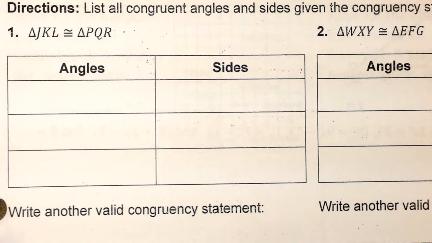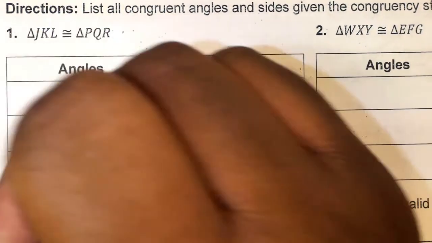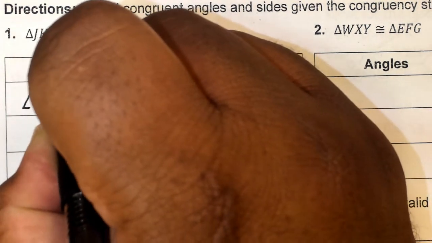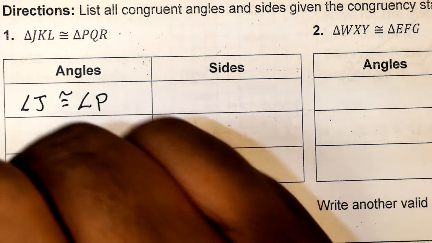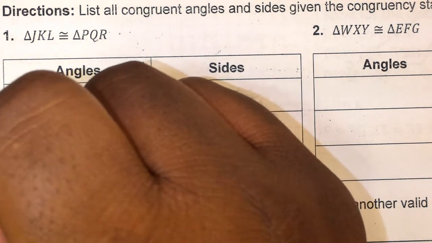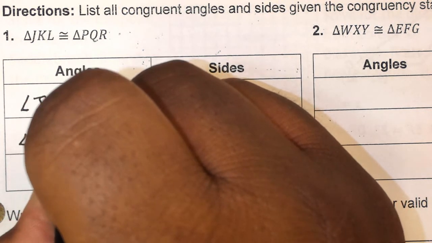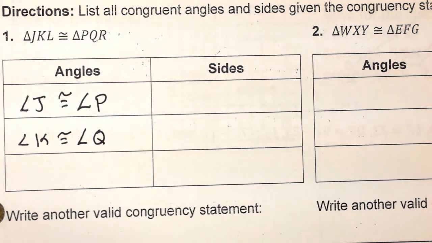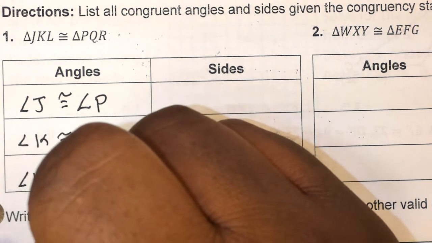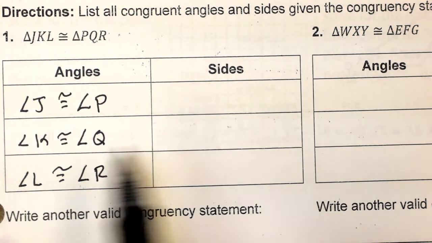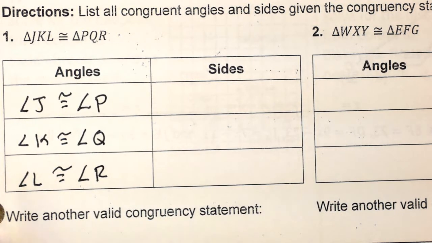So for example, starting out with my angles, just looking at this congruency statement, I know angle J is congruent to angle P. I know that angle K is congruent to angle Q. I know angle L is congruent to angle R. I know that just from looking at this statement. All I'm doing is matching up letters. Don't overcomplicate this, kids. You're going to hurt your head if you do.